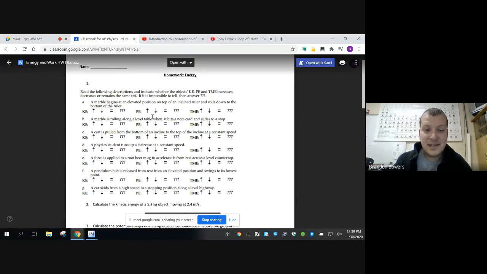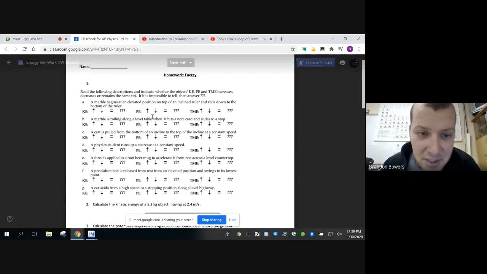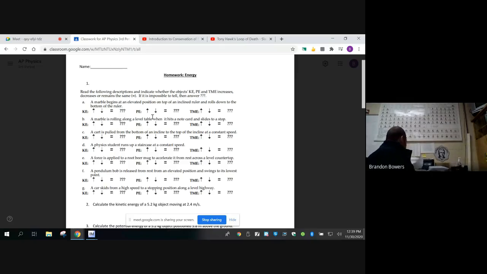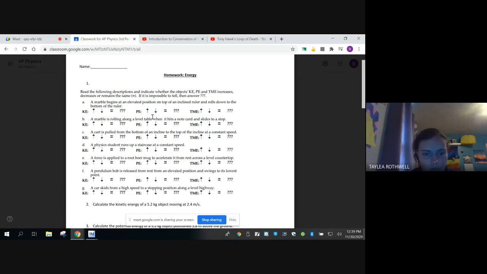Does that kind of make sense? So a marble begins at an elevated position on top of an inclined ruler and rolls down to the bottom. In this example, does the kinetic energy increase or decrease? Increase. It increases.